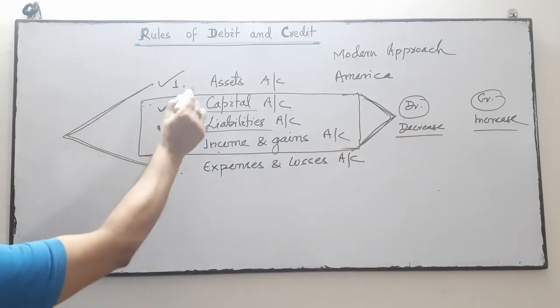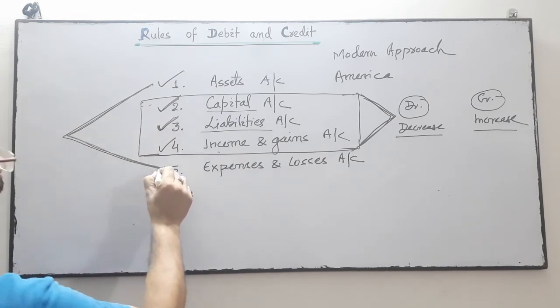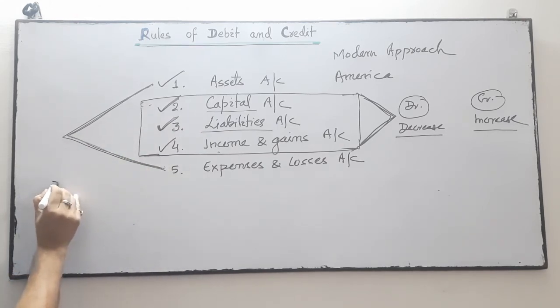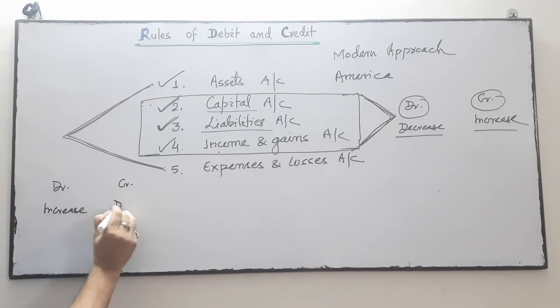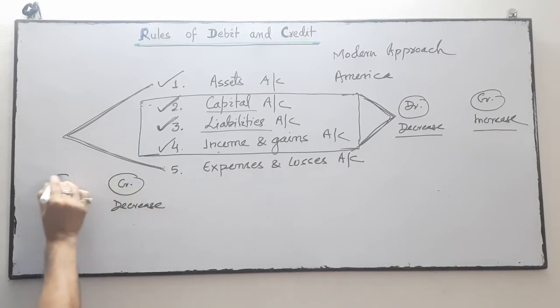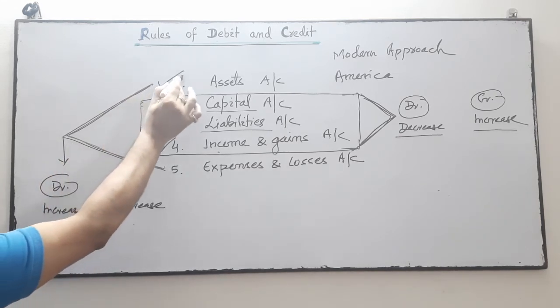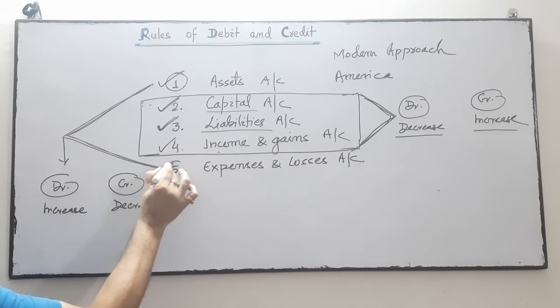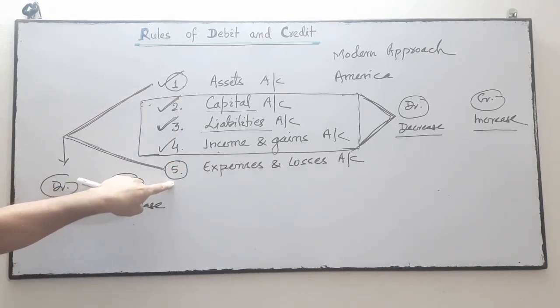But the rules of these two accounts are different: debit increase and credit decrease. This rule is for the assets account and the expenses and losses account.